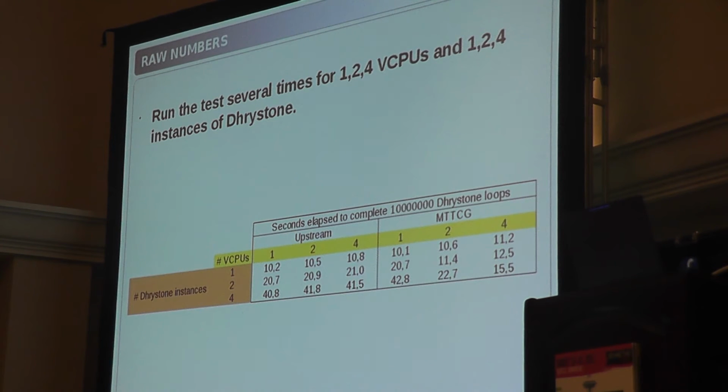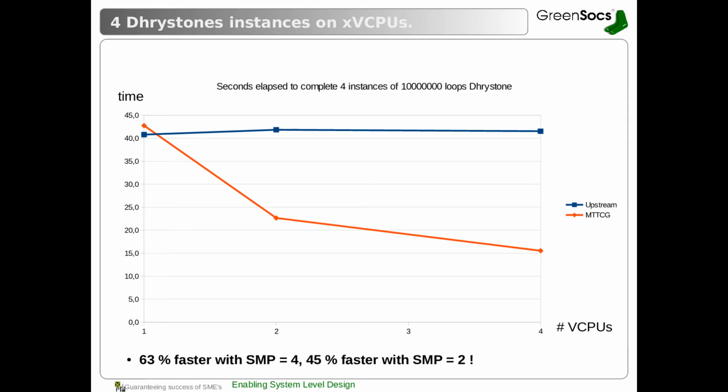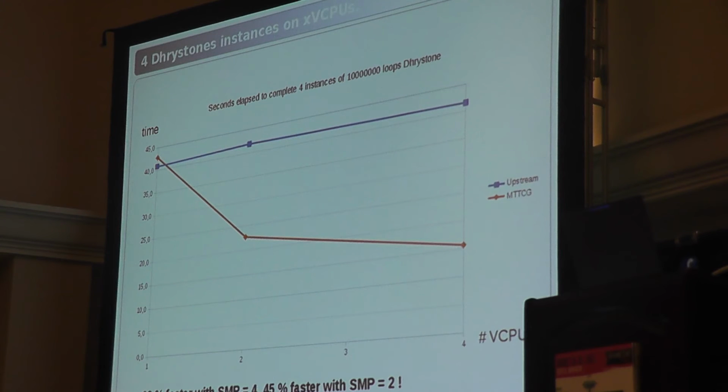We do 4 parallel Dhrystone for 1, 2, and 4 vCPU. Then we compare with upstream. We can see that the red line is MTTCG. The time is highly reduced compared to upstream. We are 63% faster with 4 vCPU and 45% faster with 2 vCPU, which is quite good, I guess.